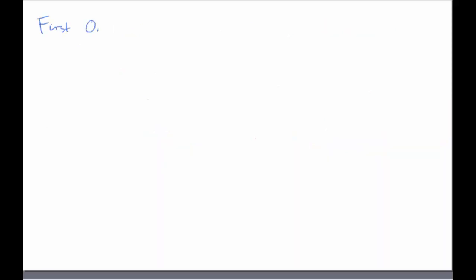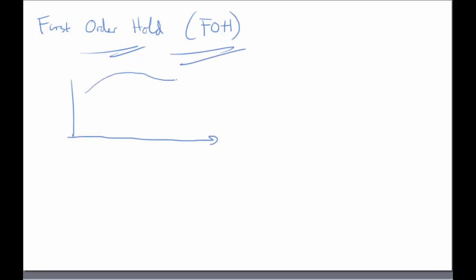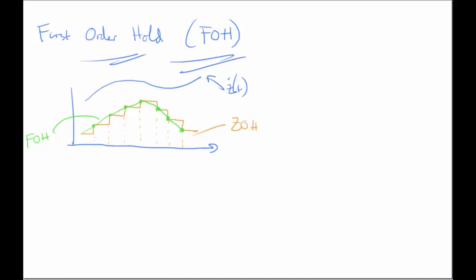The first order hold method is just a more improved version of the zero order hold. The difference is that with a zero order hold, for one sample you've got the PTO force, and that's forced to be constant for the entire sample. For the first order hold method, it's piecewise linear, which means it's linearly changing throughout the sample.